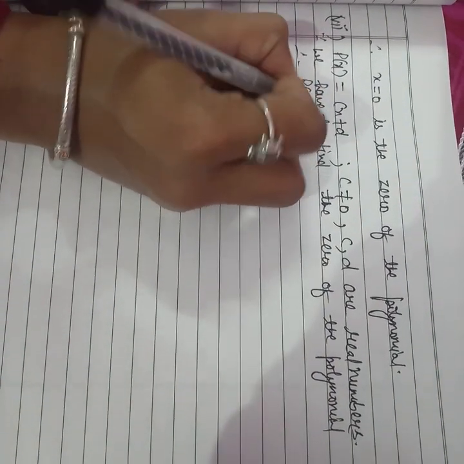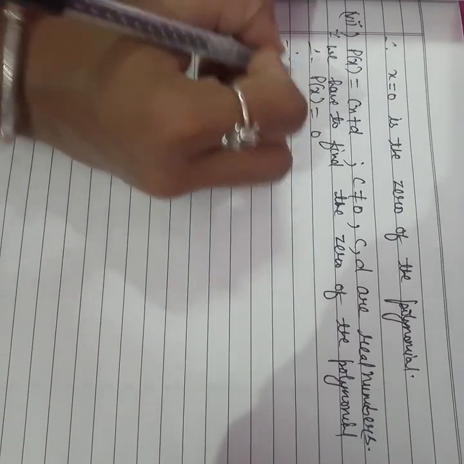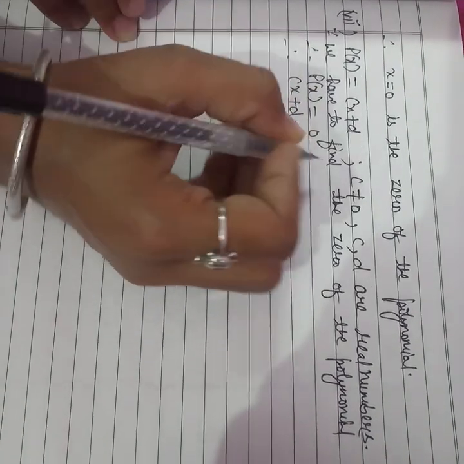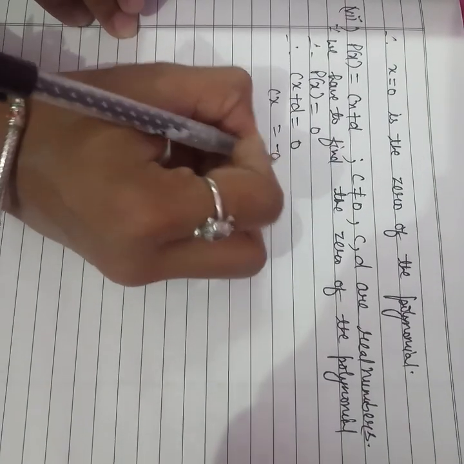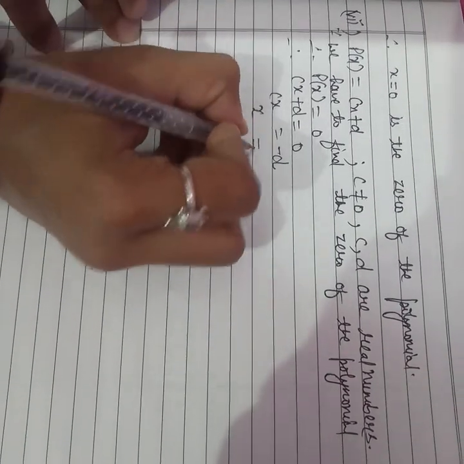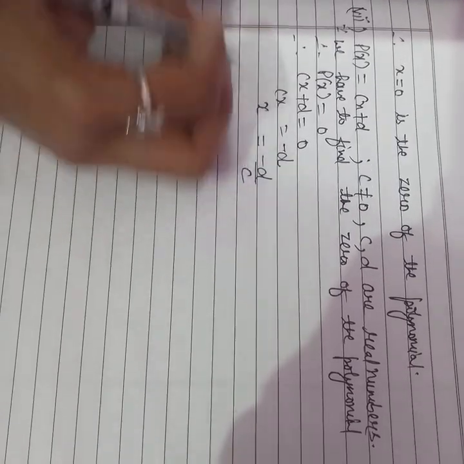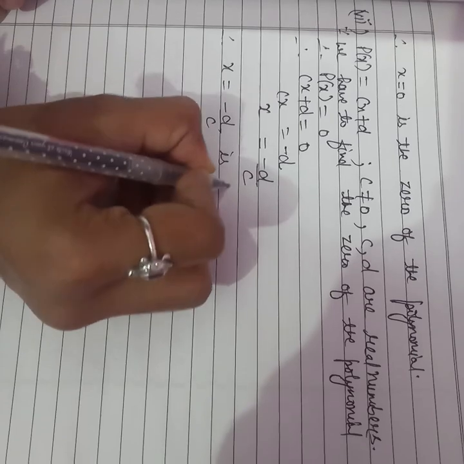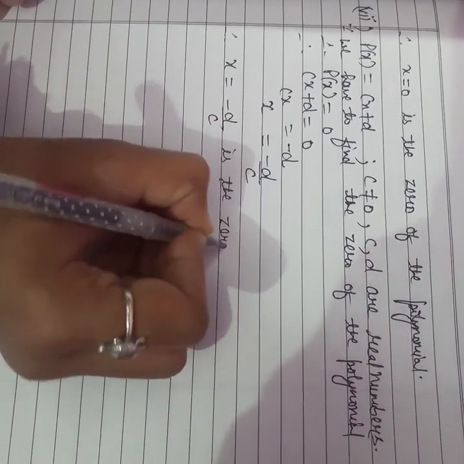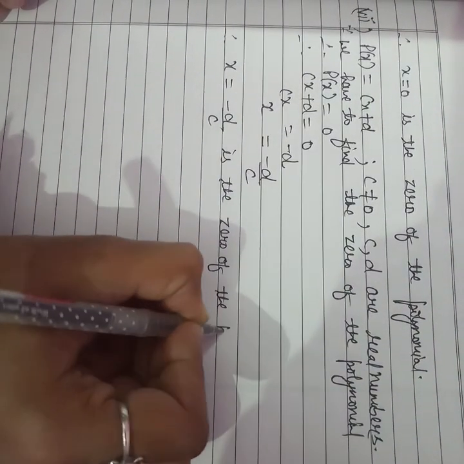Therefore p of x equals 0. Therefore cx plus d equals 0. Cx equals minus d, and c is in multiply, which goes to divide. Therefore x equals minus d by c is the zero of the polynomial.